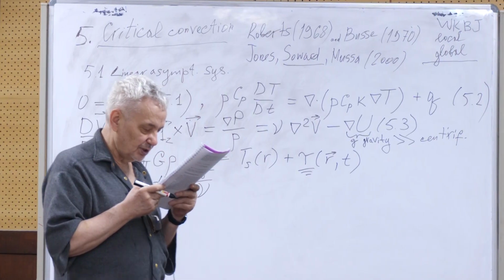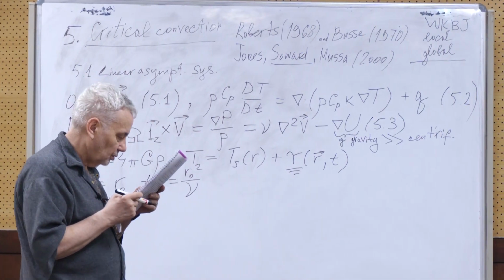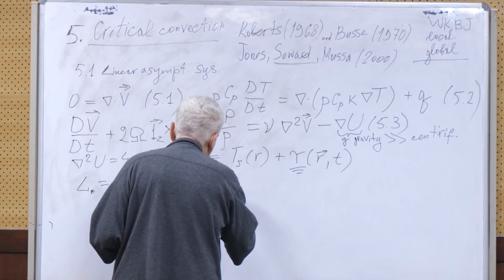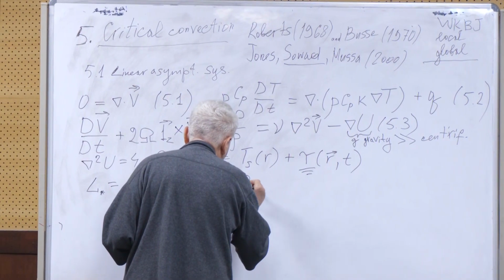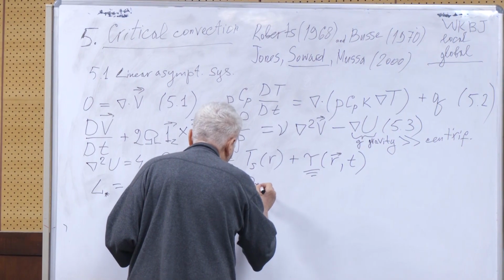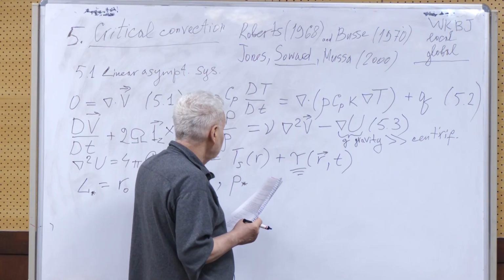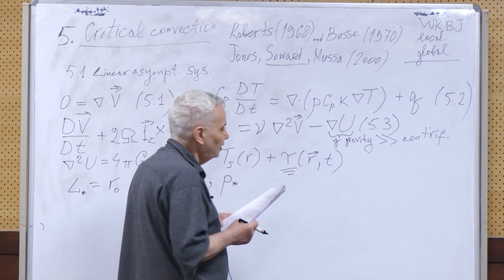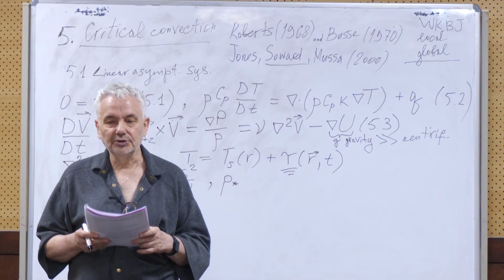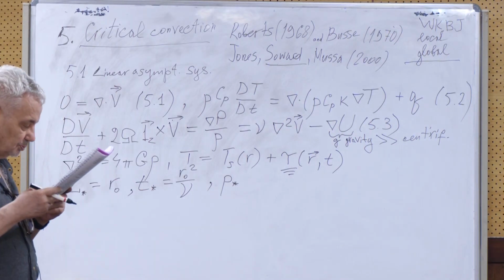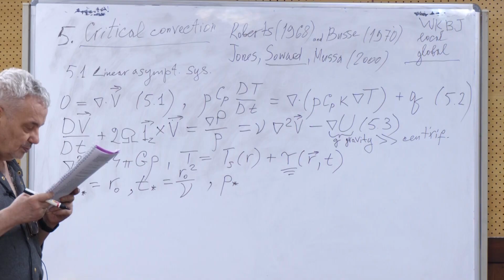And the effective pressure is quite useful in this respect to measure. I just remind you that the effective pressure is not just pressure, but the pressure divided by the density. This density is constant here, and it simply scales out of the system.